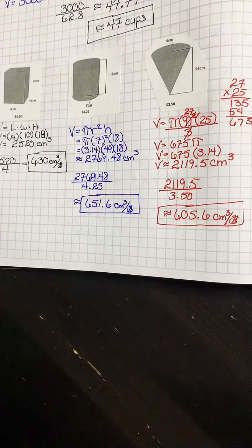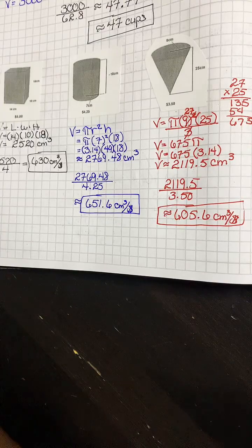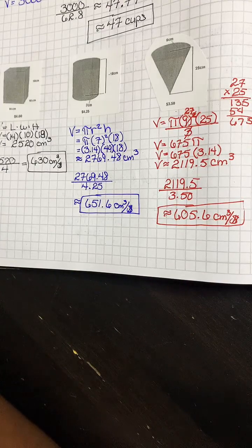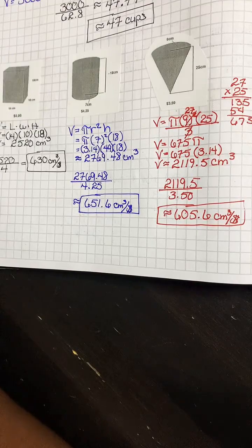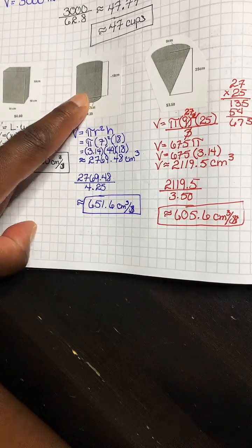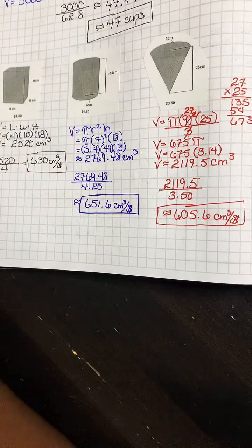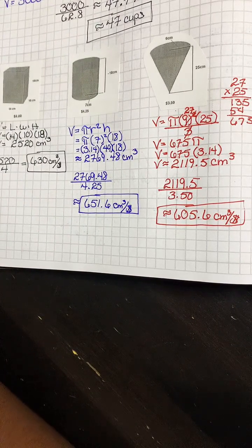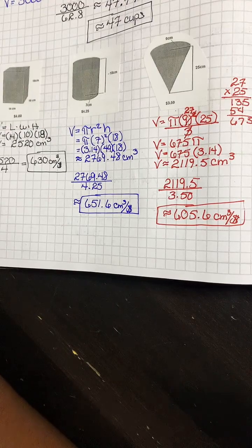Which one do you think is going to be the best or the better buy? Would it be the rectangular prism, the cylinder, or the cone? Okay, so kind of say cylinder. Okay, definitely.